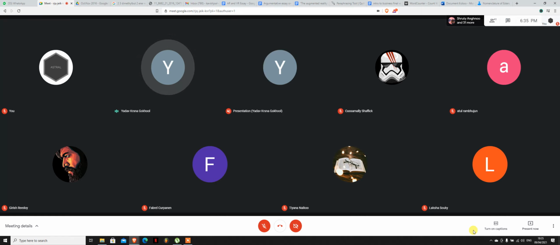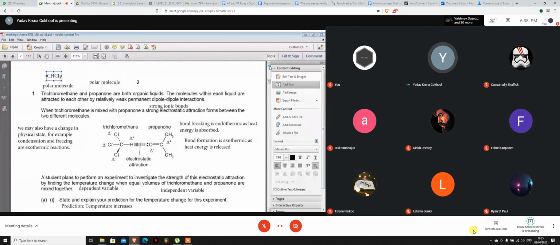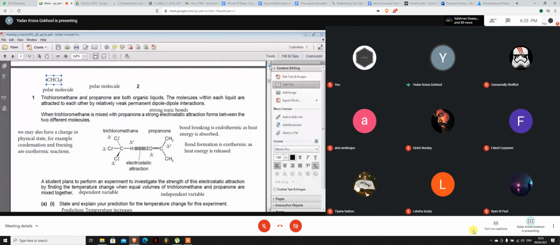Okay, and if you continue looking at your notes where you have the intermolecular forces, you will find out that we have done this molecule and that all the Cls, they pull the electrons downwards. That is why I put the delta minus here. And then the upper part, which is the H, it becomes delta plus. So this trichloromethane is a polar molecule.